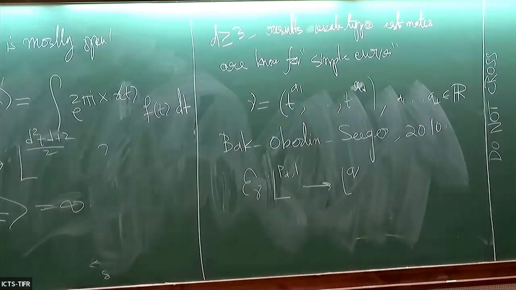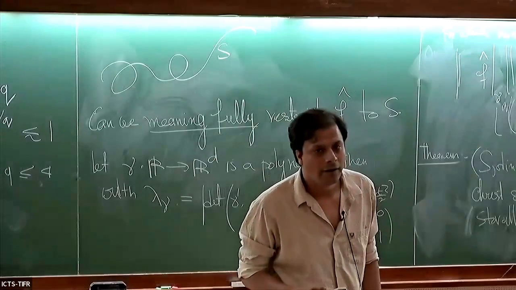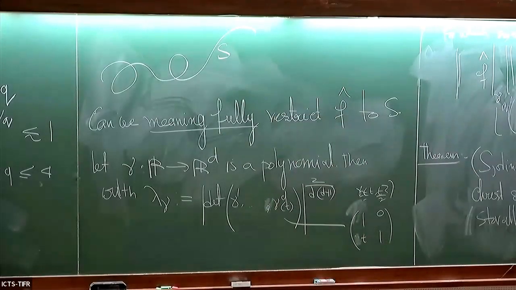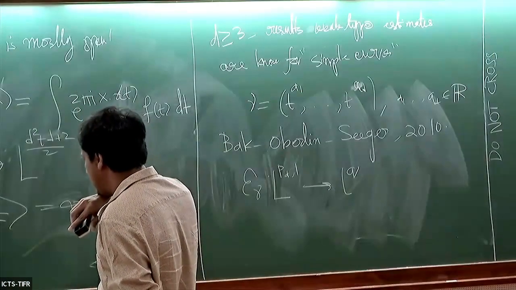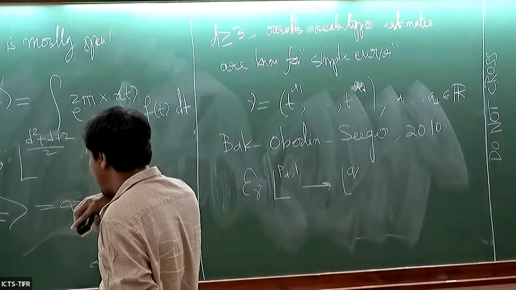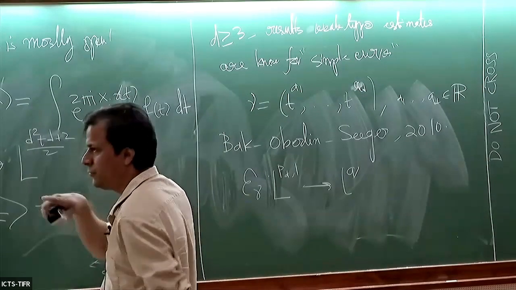Okay, so that kind of is the history. Dimension 2 is just for t, t squared, right? If I remember correctly, it was about a tubular neighborhood.